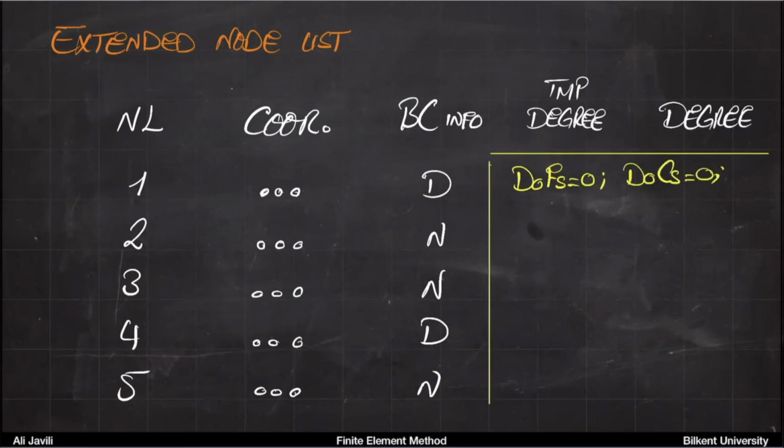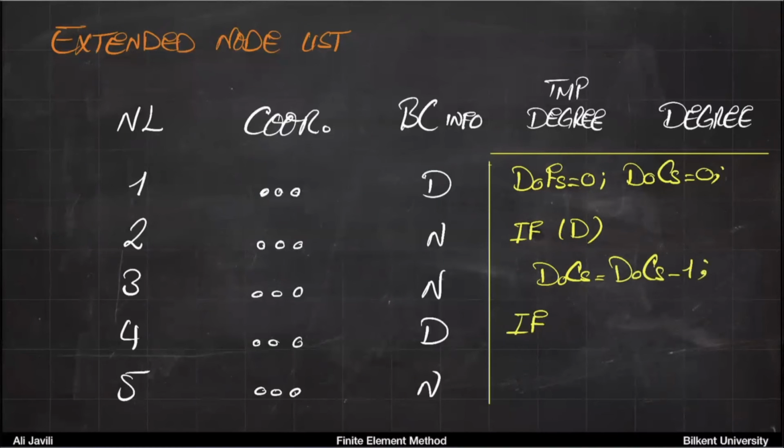And then you would have a loop. You would say if your node type is Dirichlet, then you do something like this. You would say DOCs is DOCs minus 1. Okay, this is like those people shouting -1 and adding -1 to themselves.